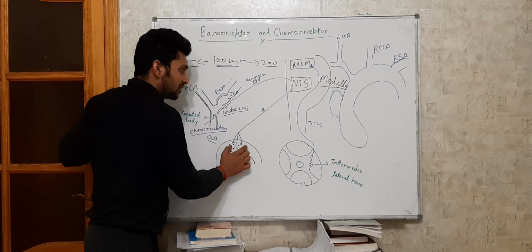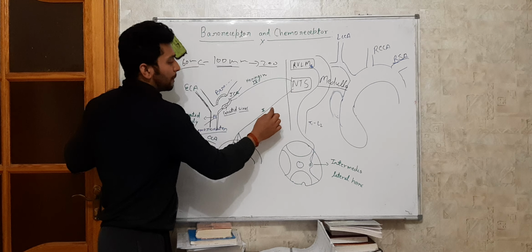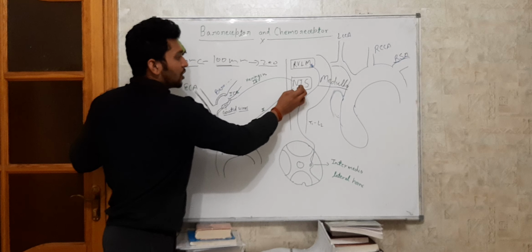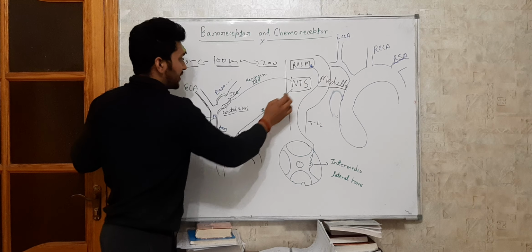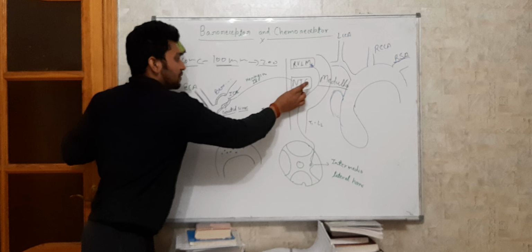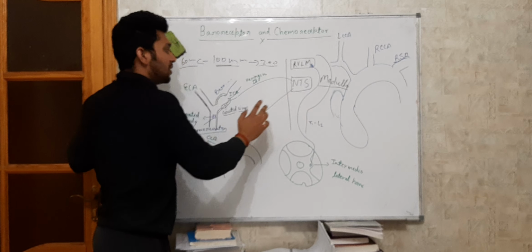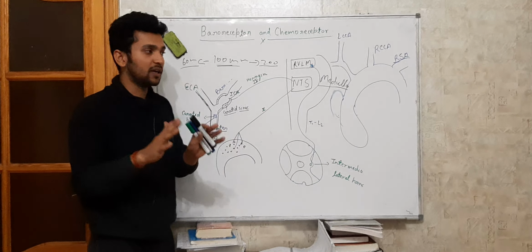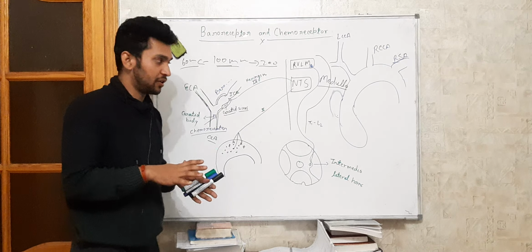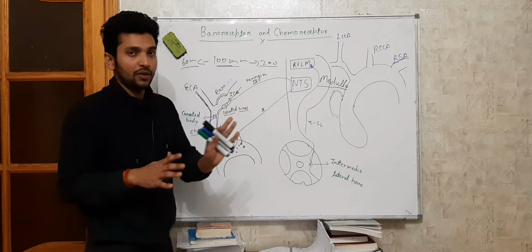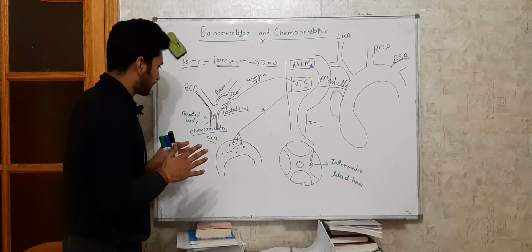So from the 10th nerve, the vagus nerve, the information also goes to the nucleus tractus solitarius. It will take the information, and if it is normal, okay, otherwise it induces activated or reduced impulse from the nucleus tractus solitarius.